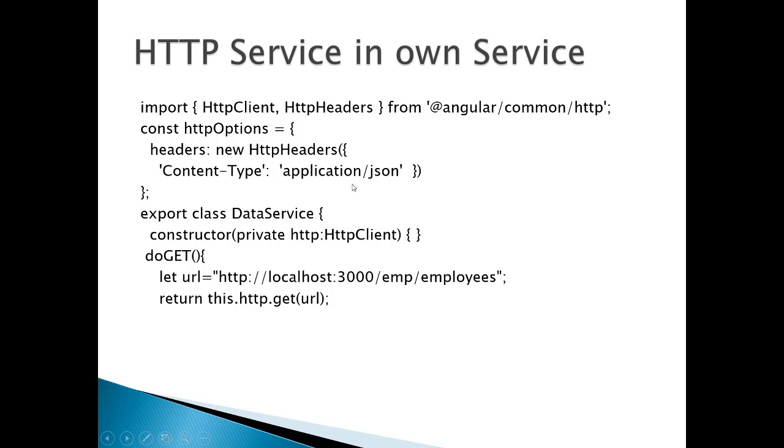That is the only header. We can provide other headers, like the authorization bearer header, and other headers like cross-platform access control headers. We can provide them in our header options.